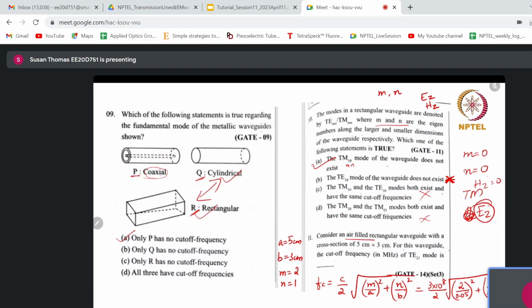Okay, so this is the cutoff frequency. So once you solve it, you will get the answer as 7.8 gigahertz. Okay, so that will be the cutoff frequency.